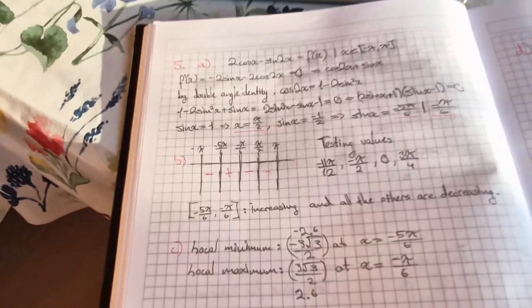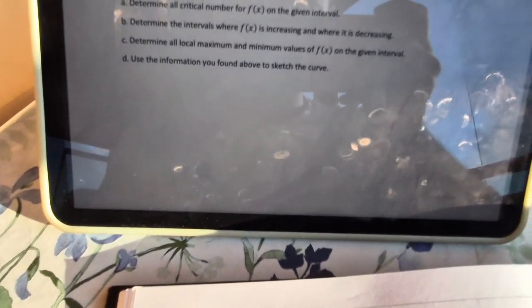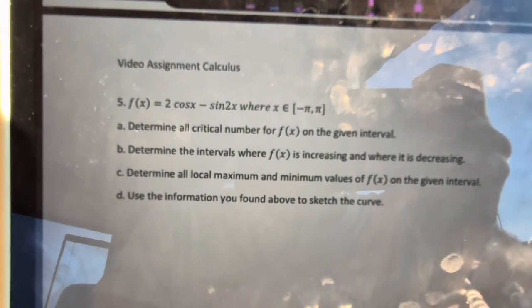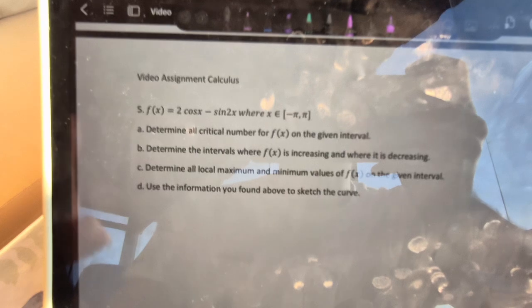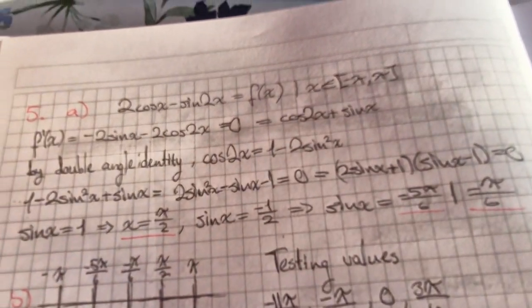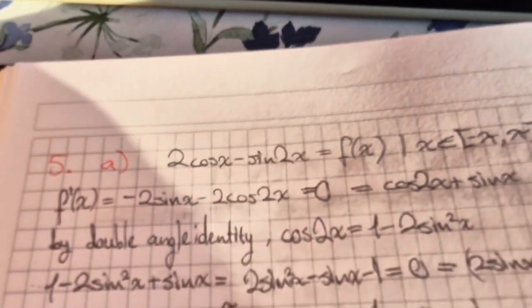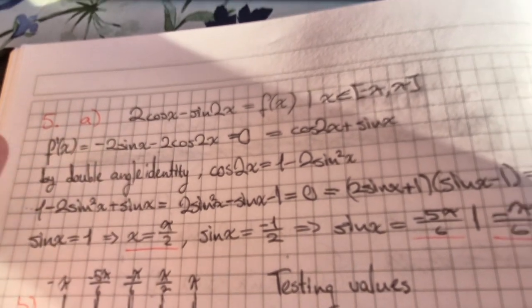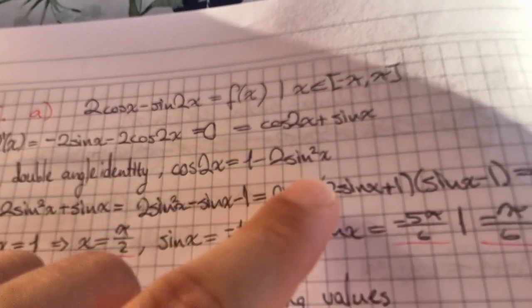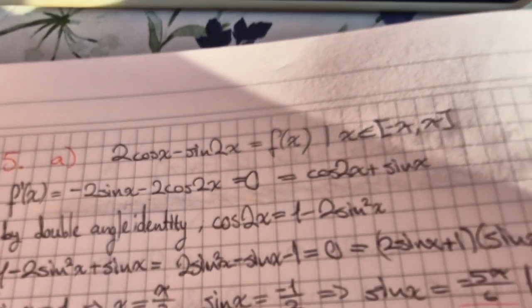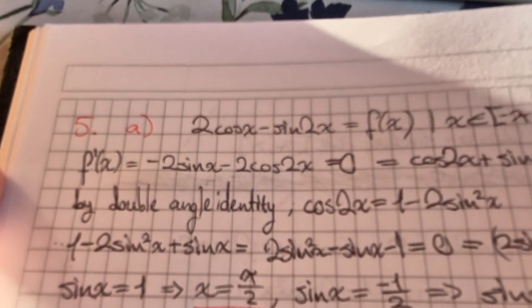In the fifth question, it gave us a trigonometric function and wants us to find some critical points and so on. In part A, it asked for critical numbers, and I found them by first taking the derivative. Then when I got to this part, there was just one thing left to do.